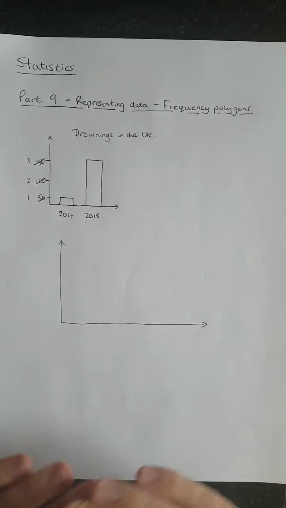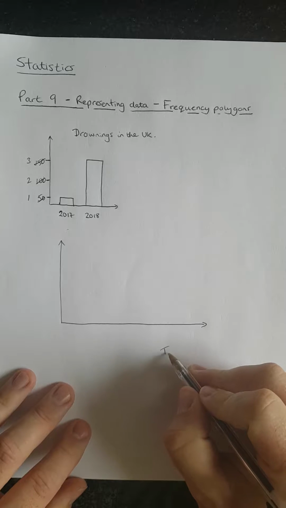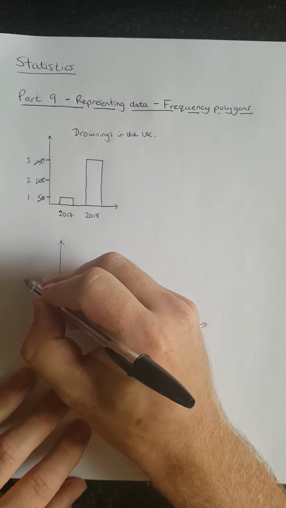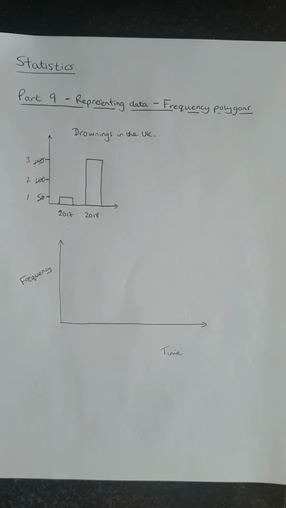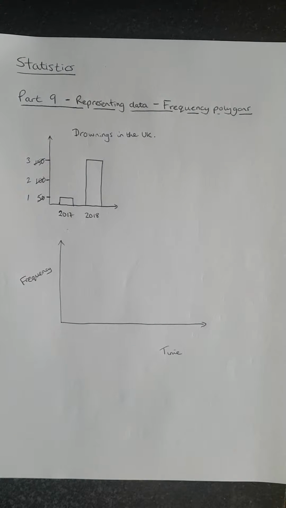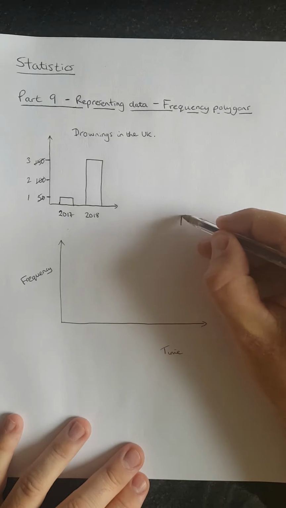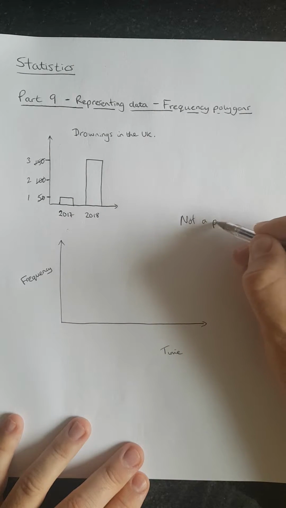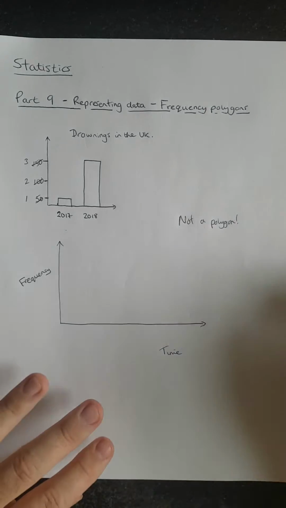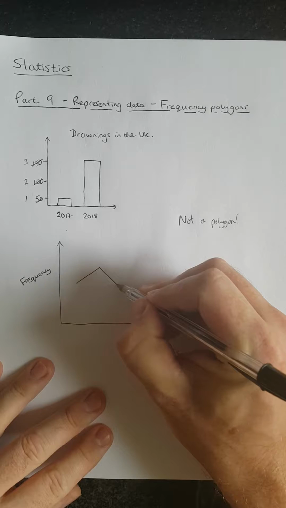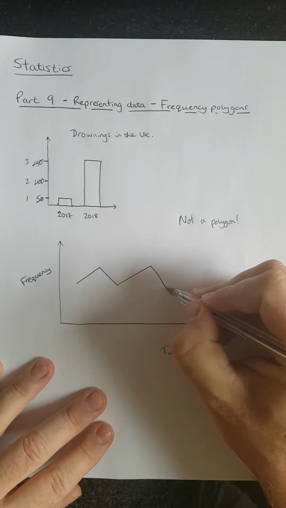Now, I'm going to show you here what's called a frequency polygon. And the first thing you need to know is the name is misleading because it's not even a polygon. A frequency polygon will look something like this.